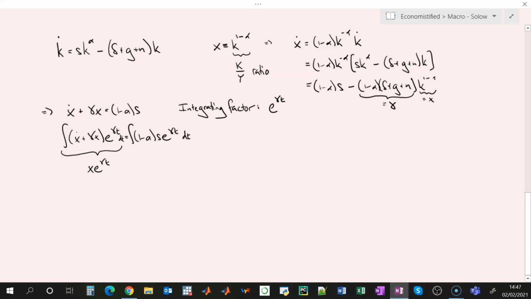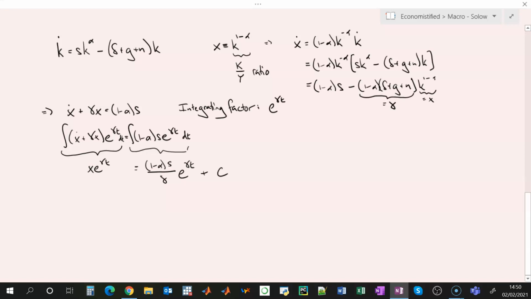So if you differentiate this with respect to time using the product rule, you'll see this is equal to x dot times e to the gamma t plus gamma times x e to the gamma t. So that's why we introduced that factor. And on the right-hand side, we can integrate with respect to t. So we have to divide by gamma. I get e to the gamma t. And we need a constant of integration. I'll just call it c.